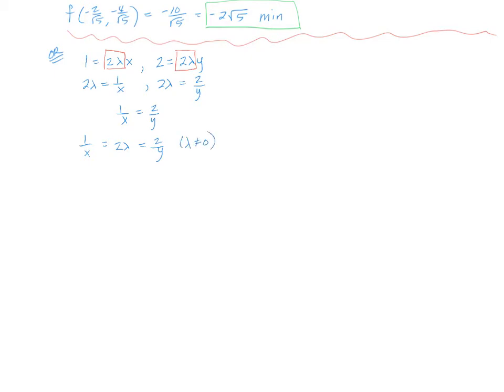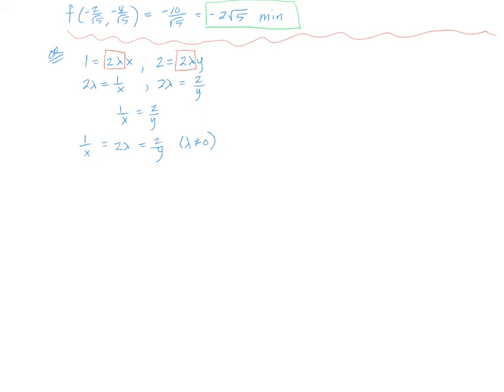So this is true provided that lambda is not equal to 0, because if lambda is equal to 0, then we have 1 over x is equal to 0, 2 over y is equal to 0, which can never happen with those particular equations. So you've got to be real careful with your algebra. Make sure that everything makes sense.